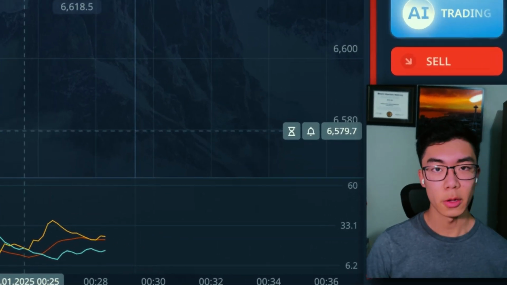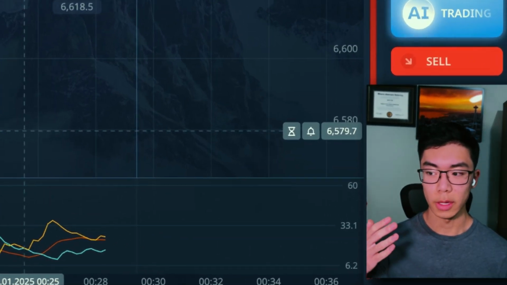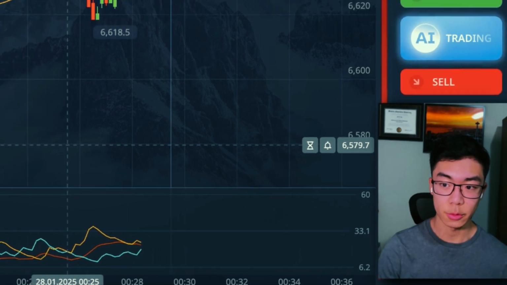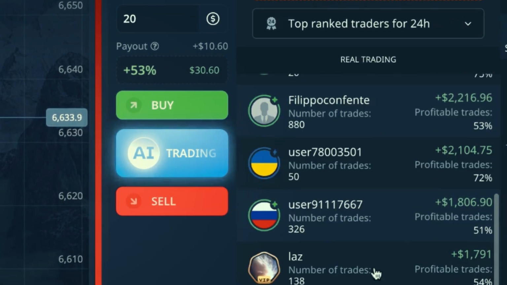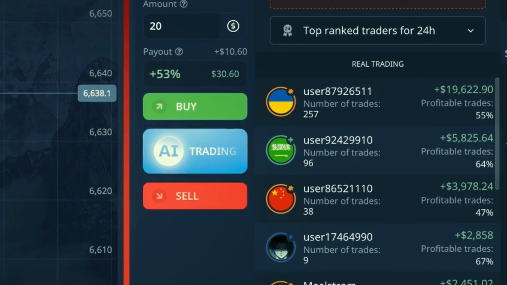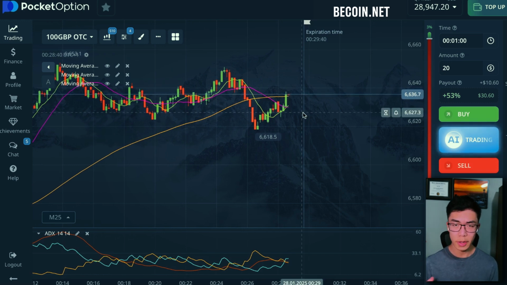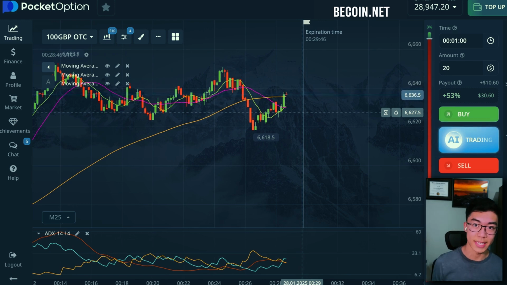Now, how do you know the best strategies? Like, what are the best ways to leverage the best strategies? Well, one way to do this is something called social trading. You can look at the top traders, right? And you can see who makes the most money. Under social trading, you can choose traders that made $20,000, $50,000, $100,000 today, and you can copy their trades exactly.